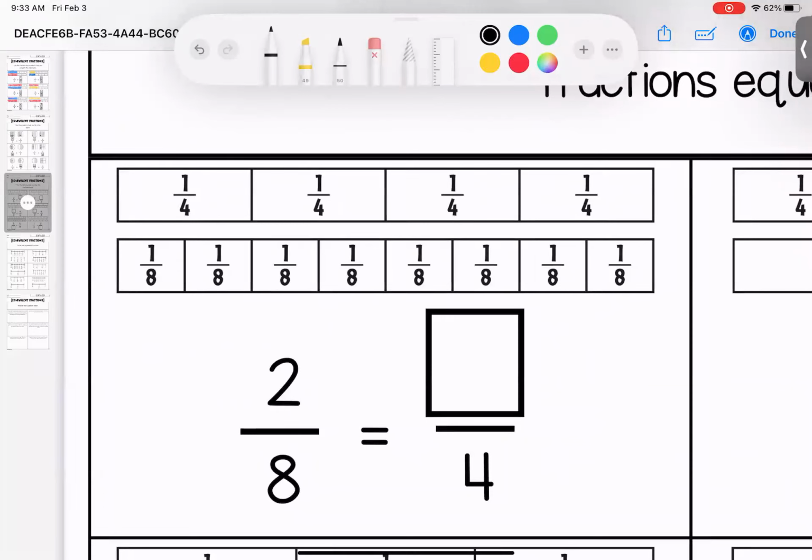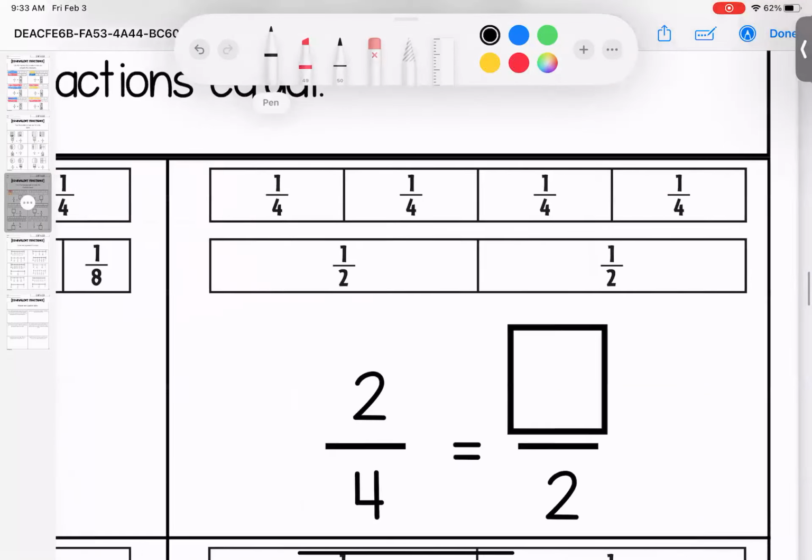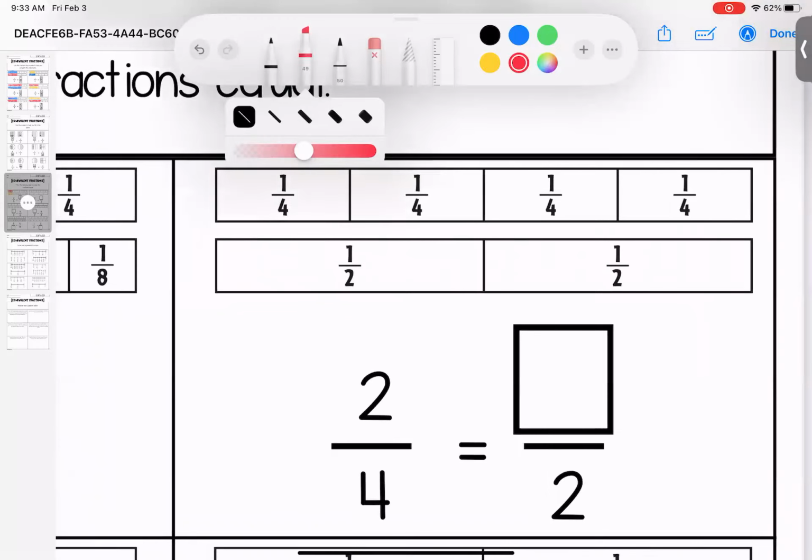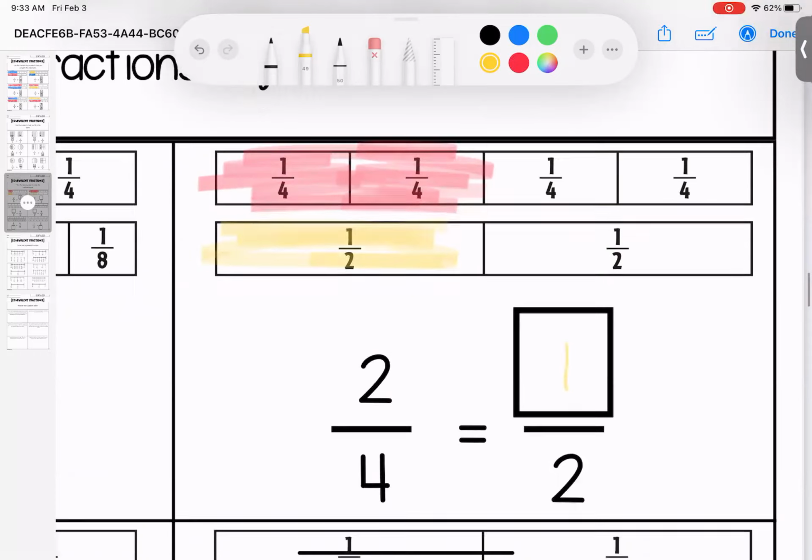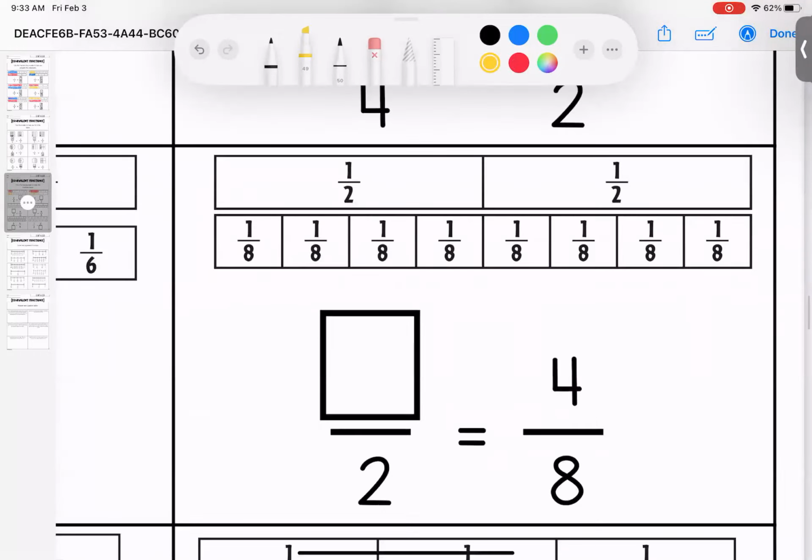For this first one, I have 2/8, and that is equal to 1 out of 4. I have 2/4, that is equal to 1/2. I have 4/8, that is equal to 1/2.